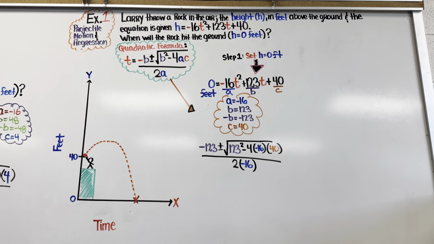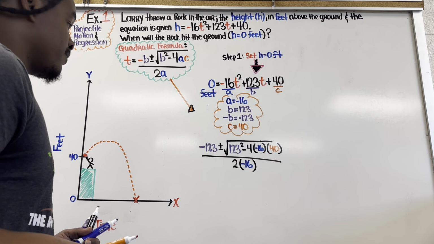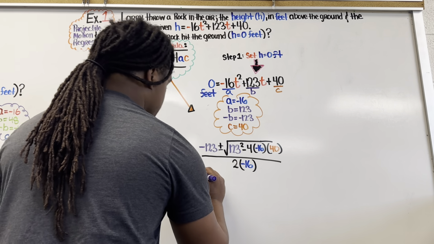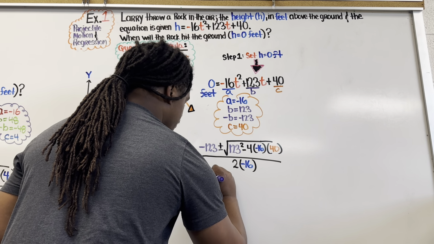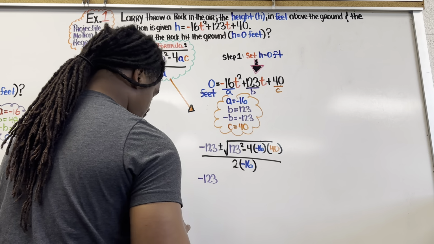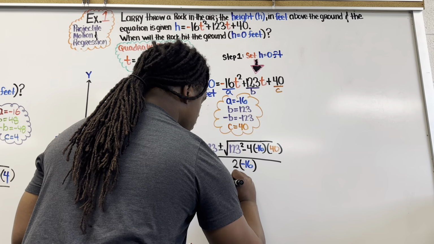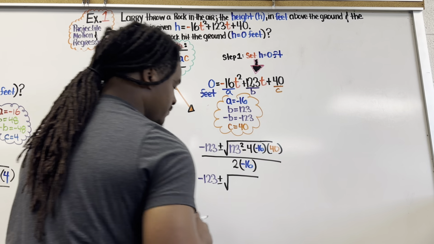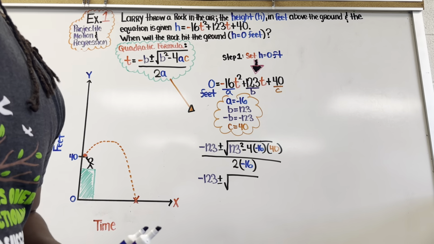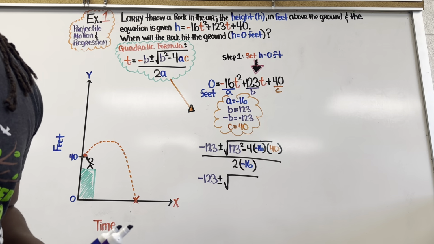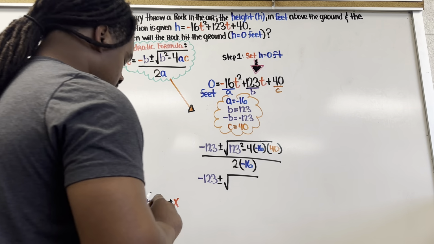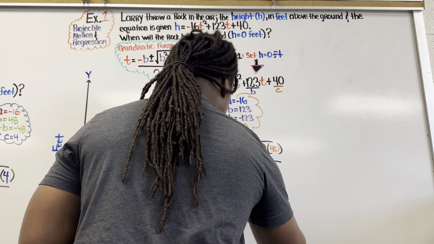All we need to do is start simplifying the formula and the values that we have. The outside stays the same: negative 123 plus or minus the square root of 123 squared, which equals 15,129.